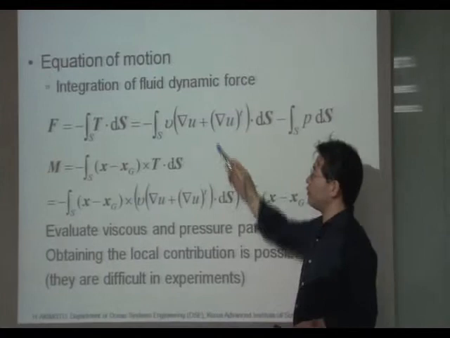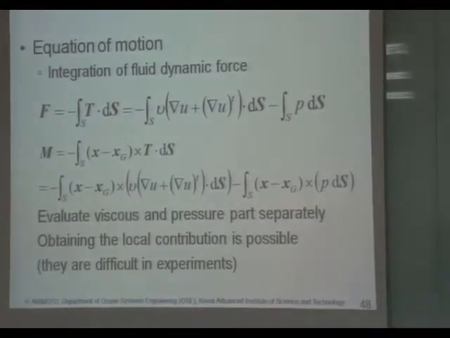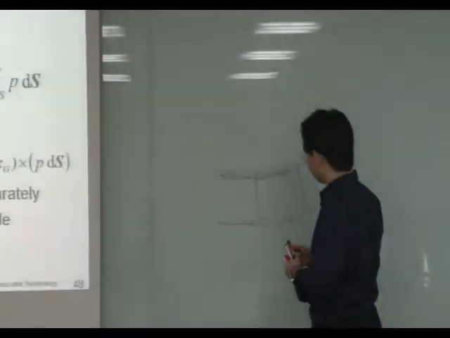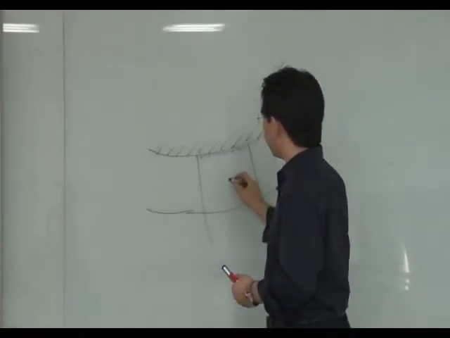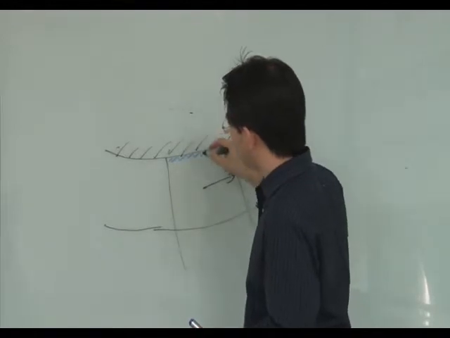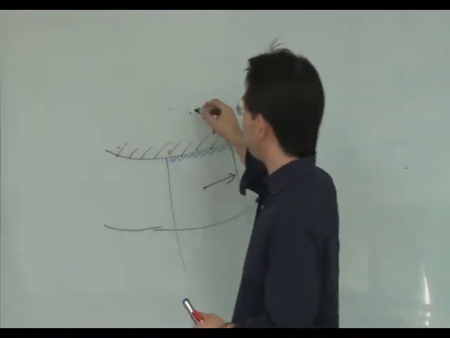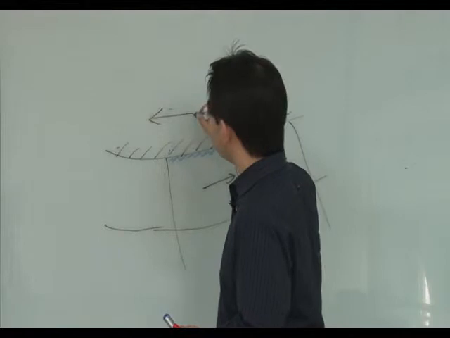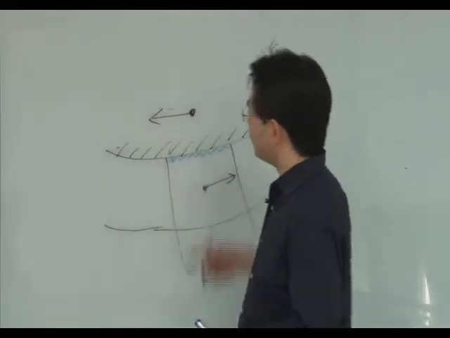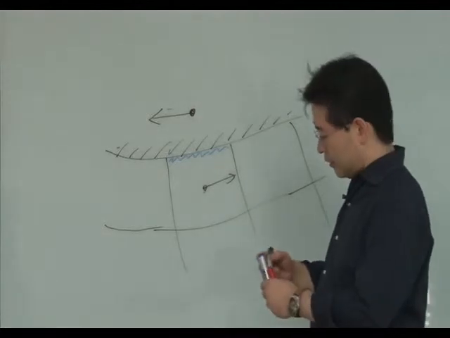And the diffusion term is the viscosity effect. So if velocity is like this, and if it is no-slip condition, the dummy point will have this kind of velocity vector.